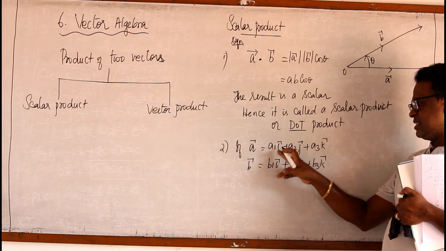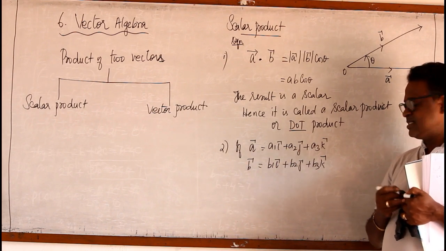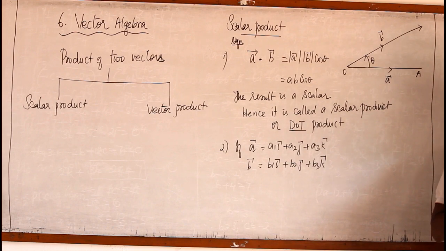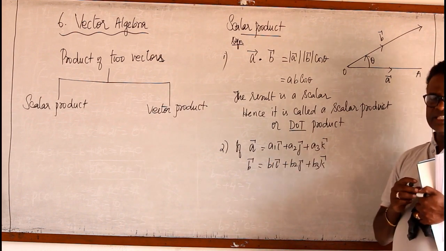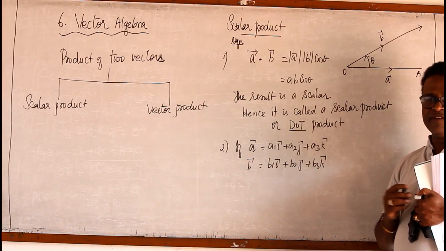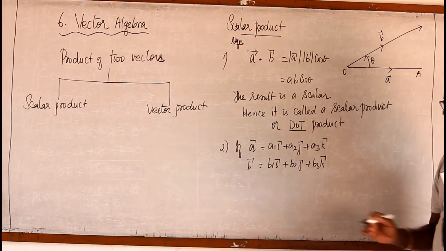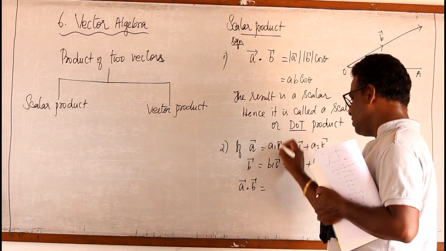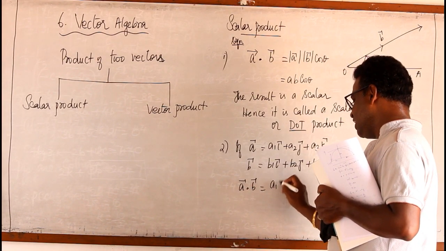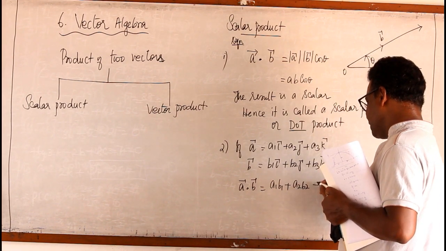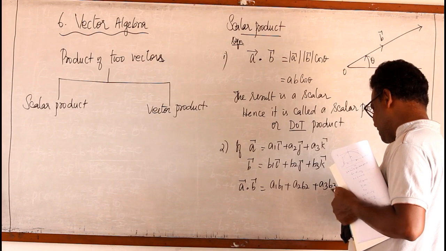Here i is the unit vector along the x axis, j is the unit vector along the y axis, and k is the unit vector along the z axis. Then we say the vector is expressed in component form. If A vector and B vector are in component form, then A dot B is, multiplying i and i, it is 1, so A1 B1 plus A2 B2 plus A3 B3.